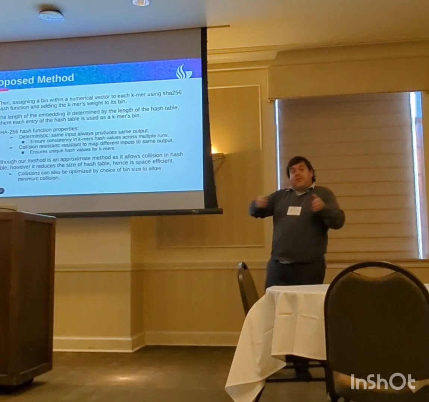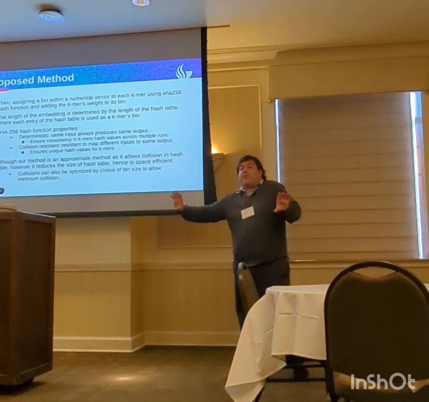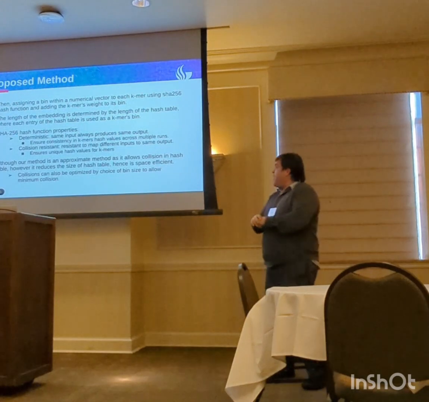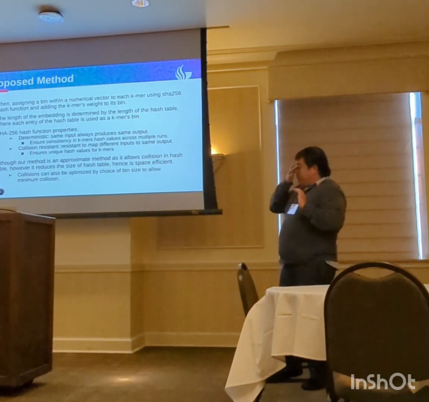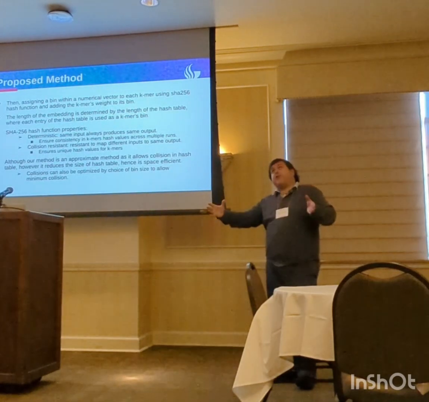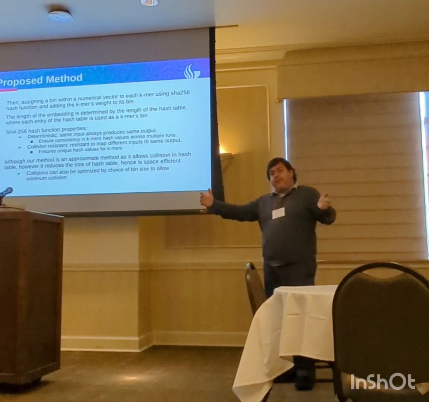In that sense, each k-mer has weight 1, and you have a frequency vector, and that's your numerical representation, right? It's simply that. But now we do that, and then we get the weight, and now we have this frequency vector.